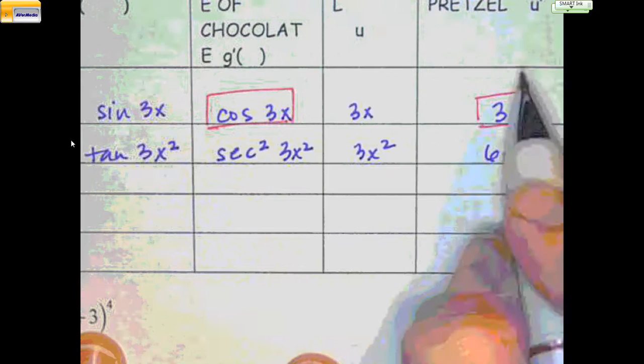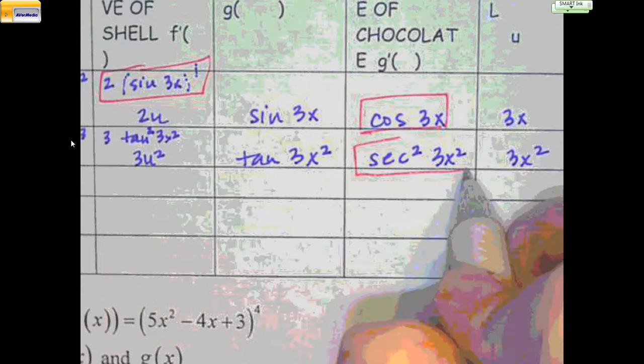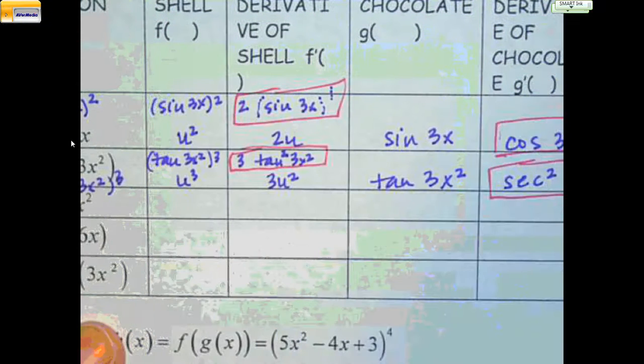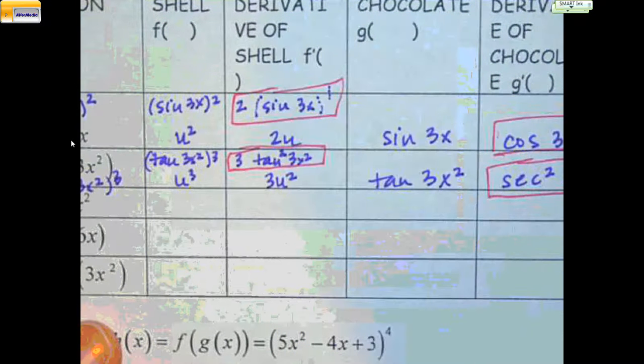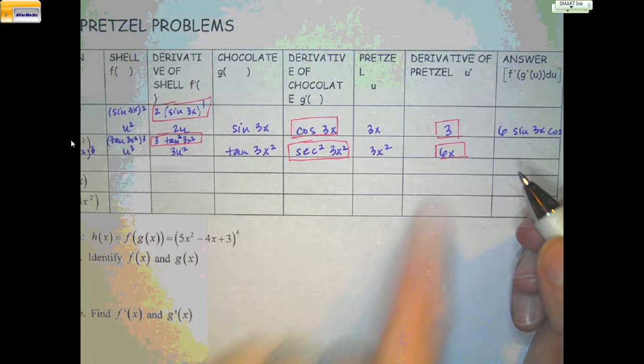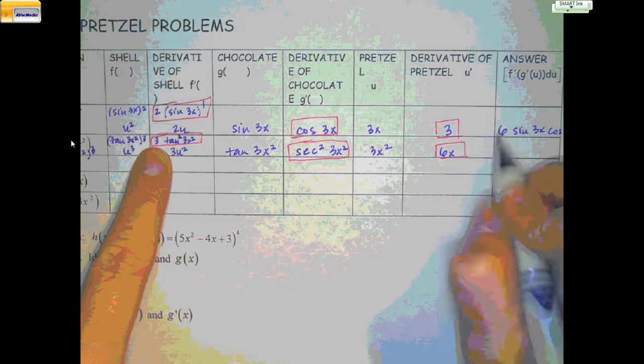Same process. We take the derivative of the innermost function times the derivative of the middle layer function times the derivative of the outermost function. So we can kind of do some of this as we go. I've got 6 times x over here times a 3, so that's like 18x.